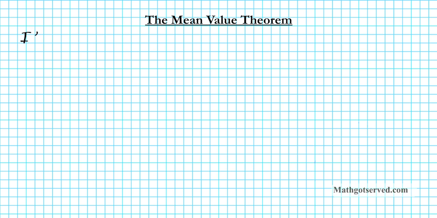If f is a function, if f is continuous on a closed interval AB, and differentiable on the open interval AB, then what does this tell us?